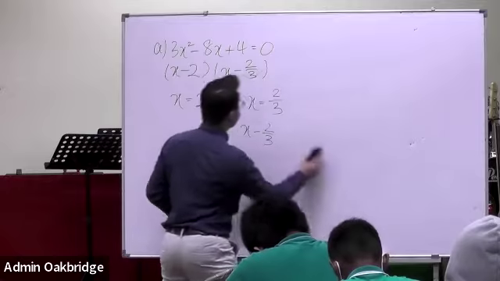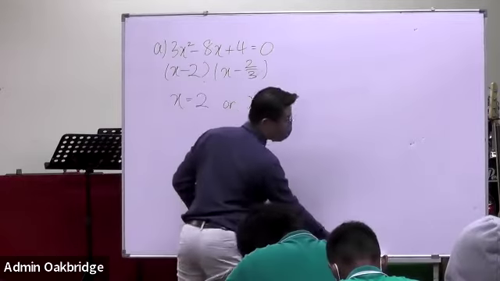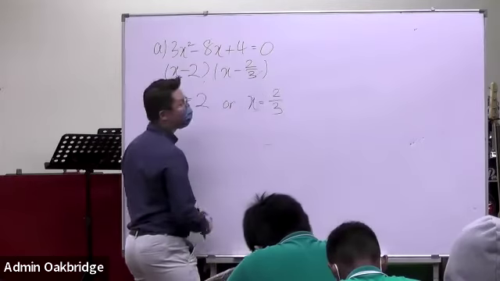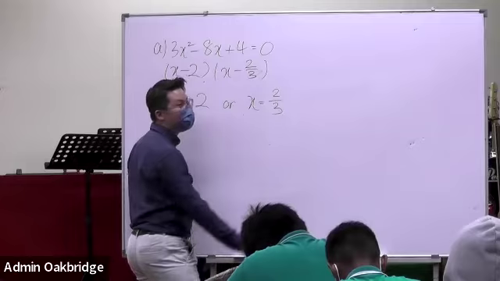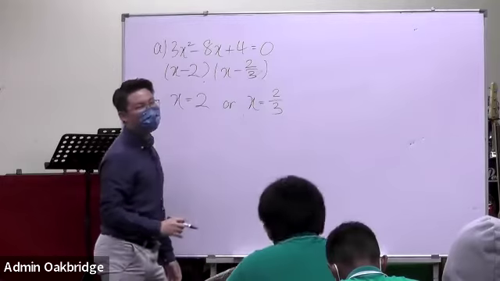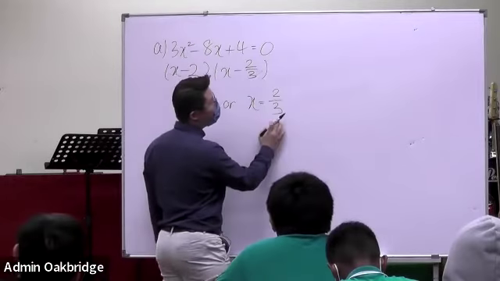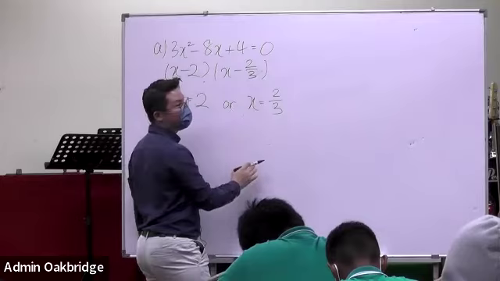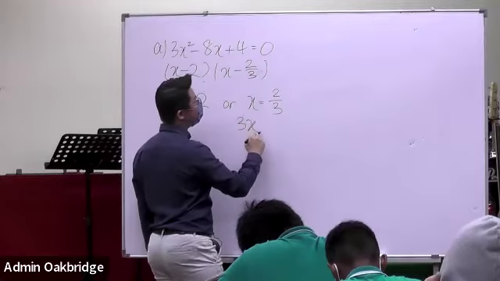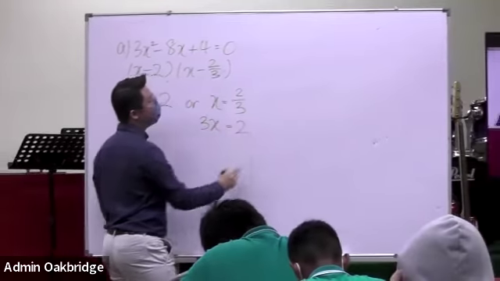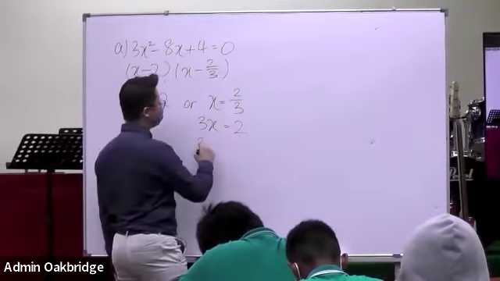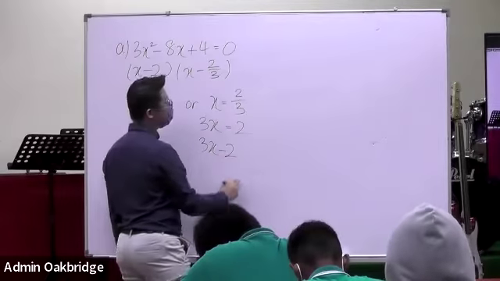What you should do is, you should do what, Isaiah? I want a decimal? No. All right, no decimal, no fraction. It must be a whole number. You have to bring the 3 to the left-hand side first. It becomes 3x, right, equals 2. Then only move the 2 to the left-hand side. 3x minus 2.